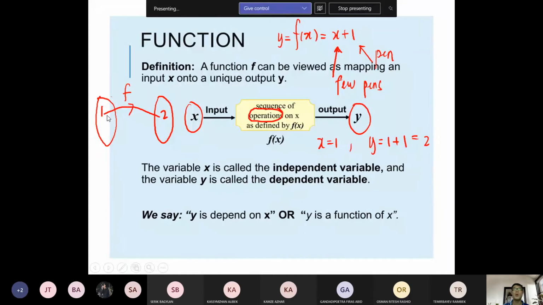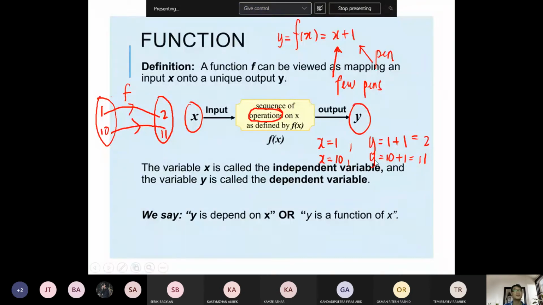The 1 refers to the pen you buy, and the 2 refers to the total pens you have. If you buy 10 new pens, what is Y? It will be 10 plus 1, which is 11. So the input is 10, and after this function you will have 11.